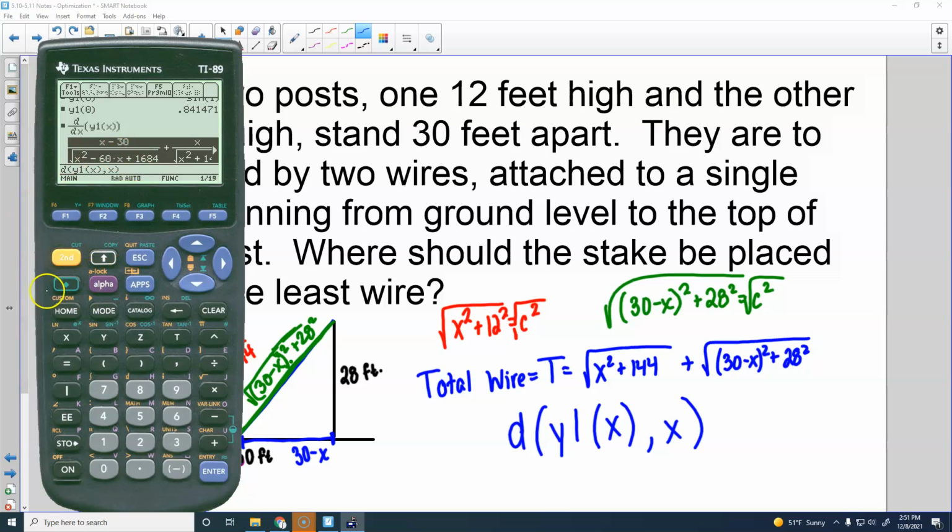All right, we want to copy this. So go up, and you're going to hit the green button and this up arrow right here where it says copy. And then we can either solve setting equal to 0, or we could look at the graph, either one.